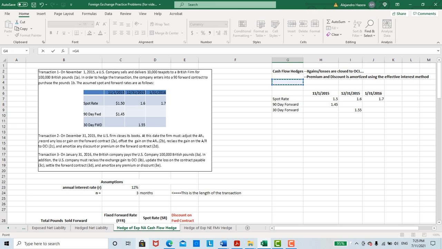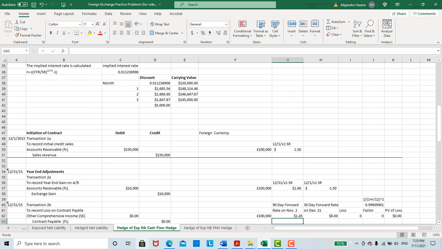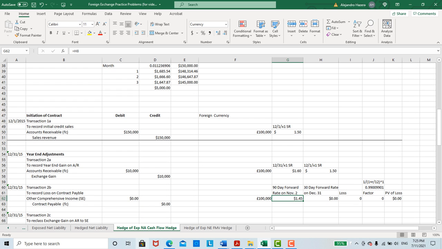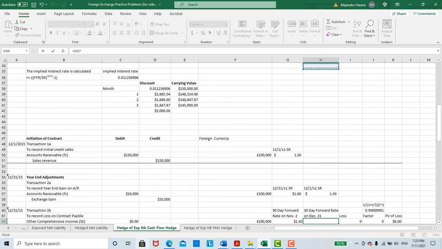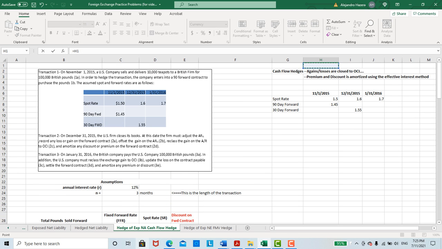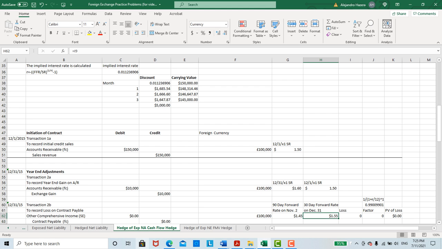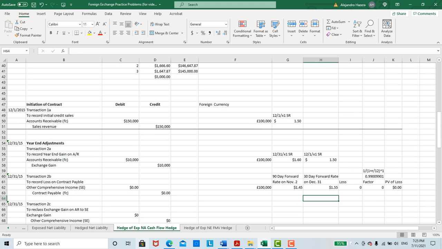But you signed this contract on November 1st or 2nd, and 60 days have gone by, so there are only 30 days left in the contract. Now the value of the contract is based on the 30-day forward rate at December 31st, which is why I put that there.